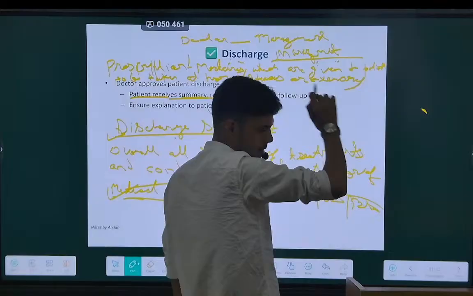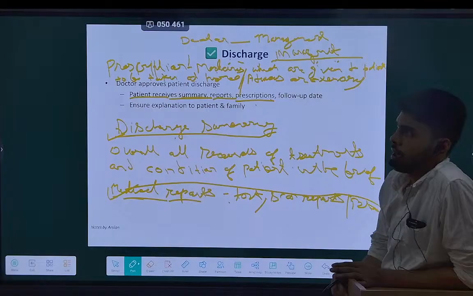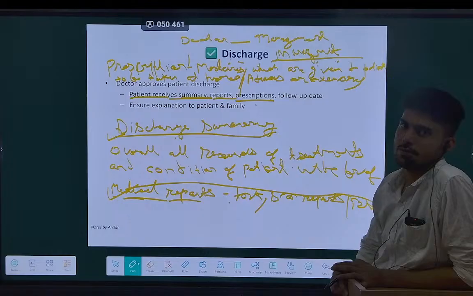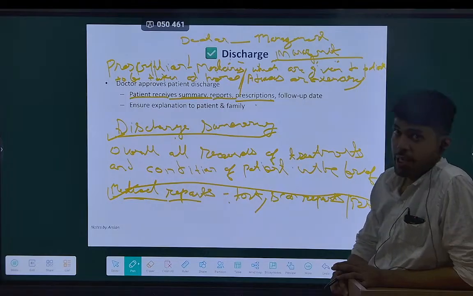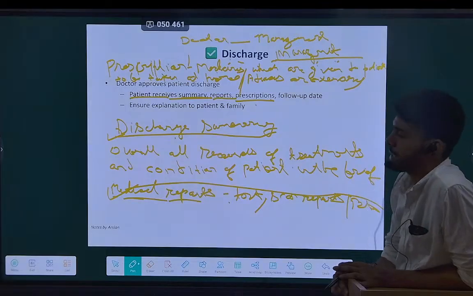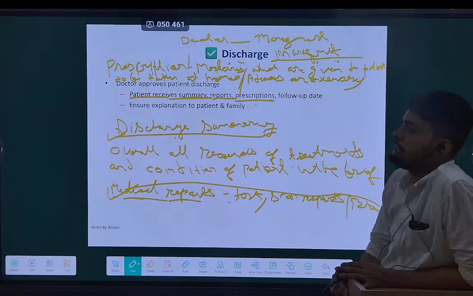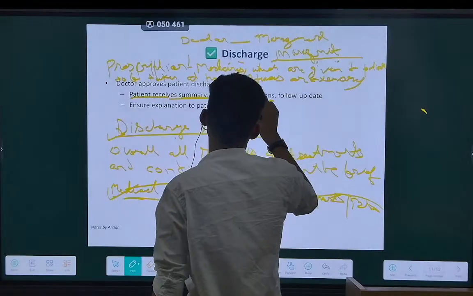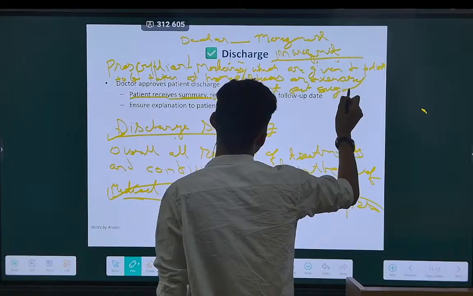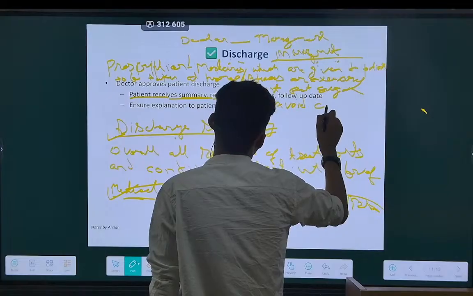In many cases, the doctor prescribes certain exercises, like for neuro problems. When there is a problem with the nerves of your system, the doctor also advises exercises, and sometimes also gives advice like don't eat this thing, don't eat sugar, avoid cold drinks.